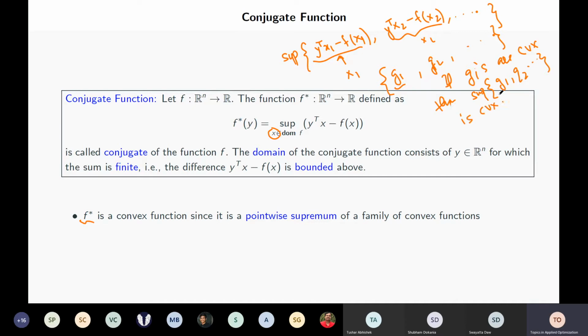We have seen this before, and it can be proved. So this is the comment that is made here: f star is the supremum of a family of convex functions.